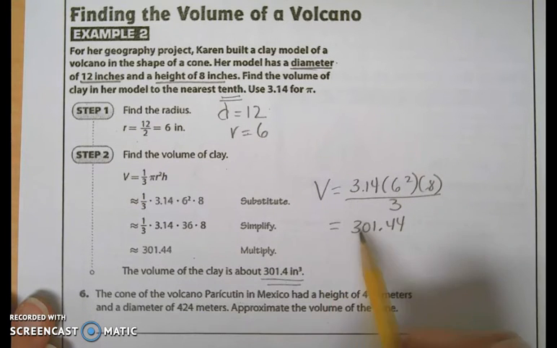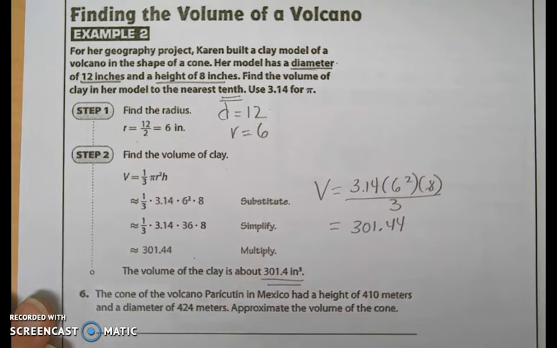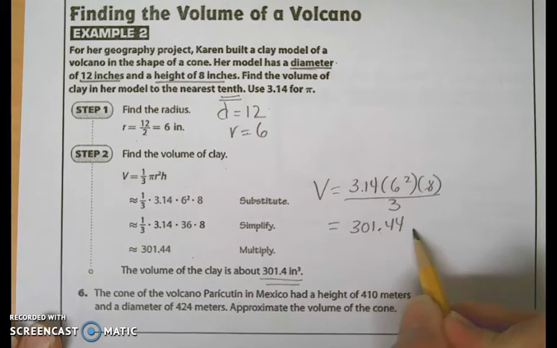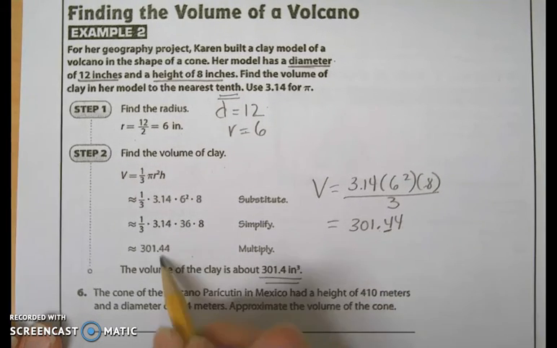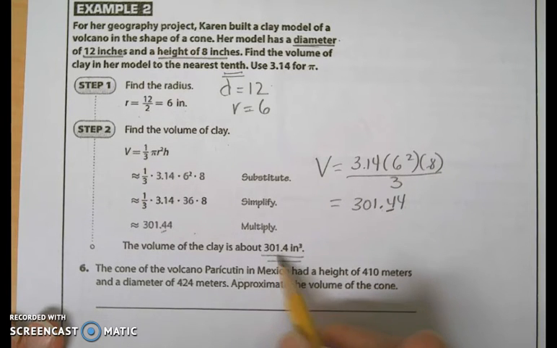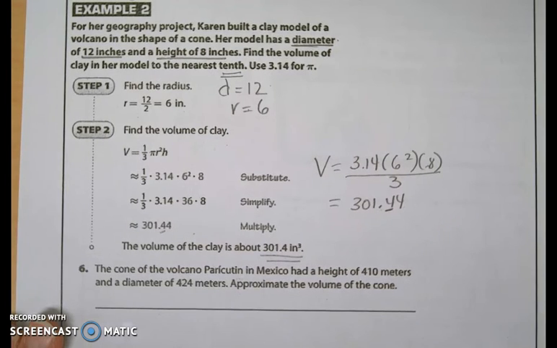Either one, put the entire thing into your calculator and let it do the work. Just make sure when you get that answer of 301.44 that you round it to the nearest tenth and put a label on your final answer. So the volume of clay is 301.4 cubic inches.